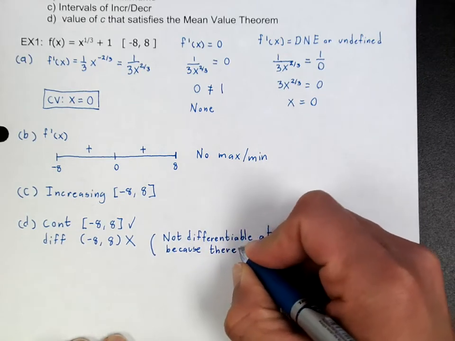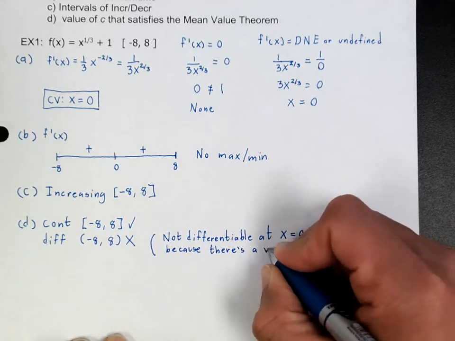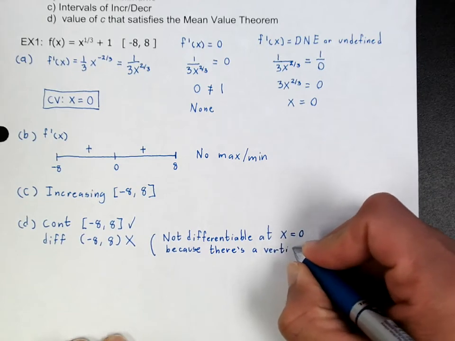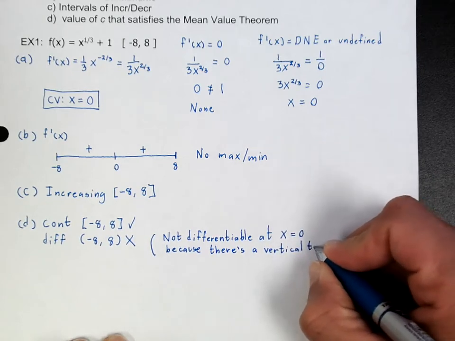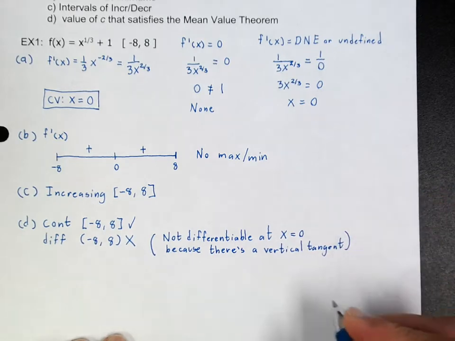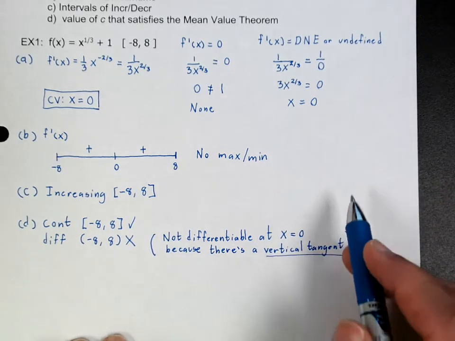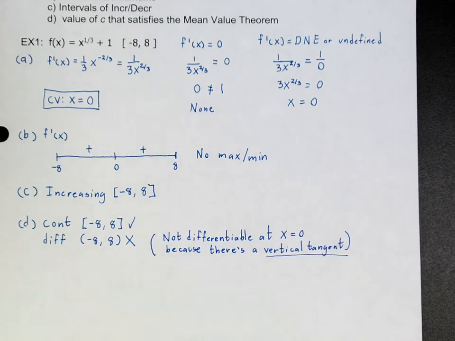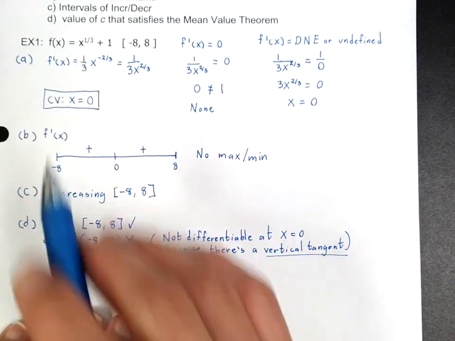Because there is a vertical tangent. Now you may not know that, but that's kind of what happened here, right? If I have an undefined, I could possibly have a vertical tangent. It's not always like this, but in the case of this function, I do have a vertical tangent.